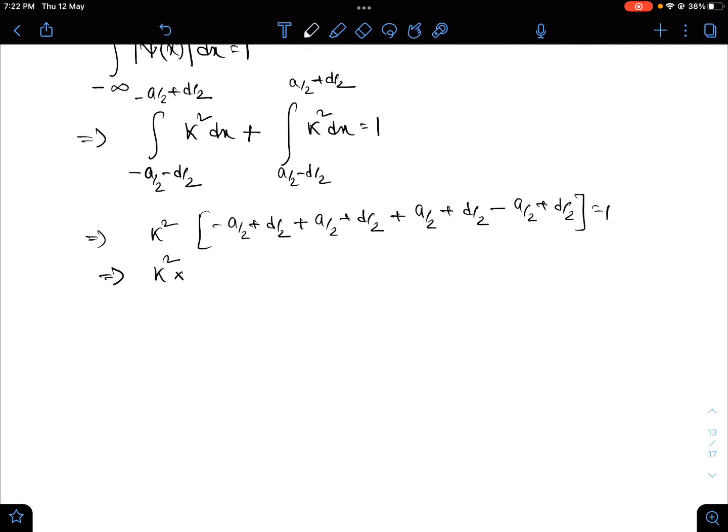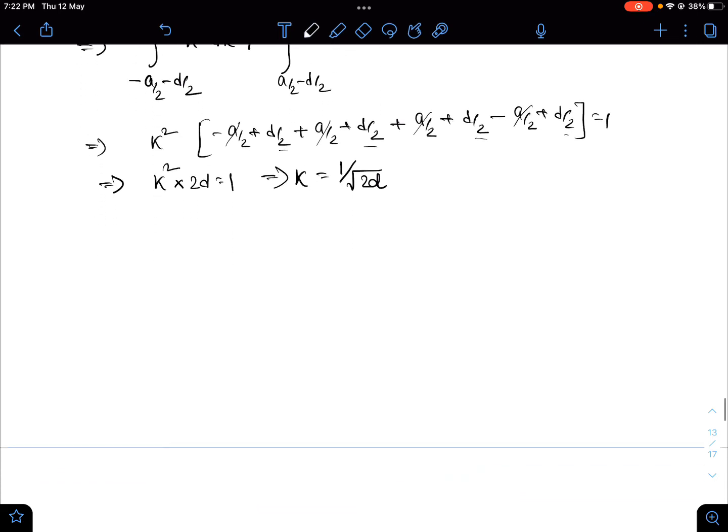From this, the a/2 terms cancel out, and we are left with 4 terms, giving 2d. So k has the value root over 1 by 2d. This is the normalization constant. So psi is 1 by root over 2d in those two regions.